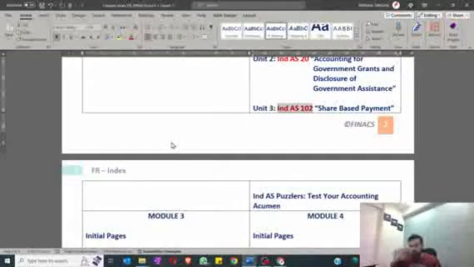In layman language, these are equity shares which are given by companies to their employees to motivate them to perform better or to retain them for a longer period of time. So this is also a very important Ind-AS, share-based payments.